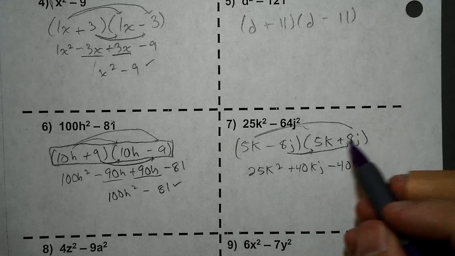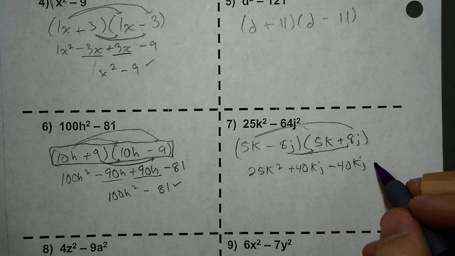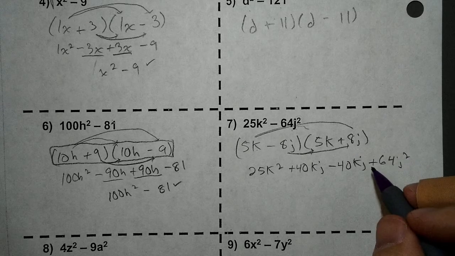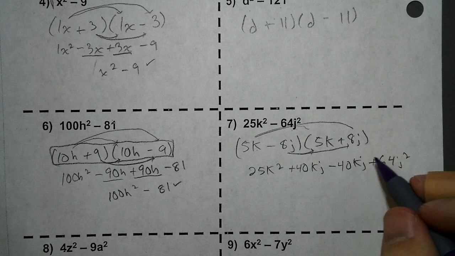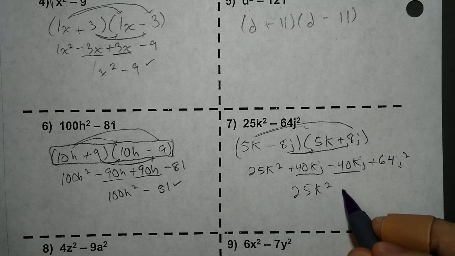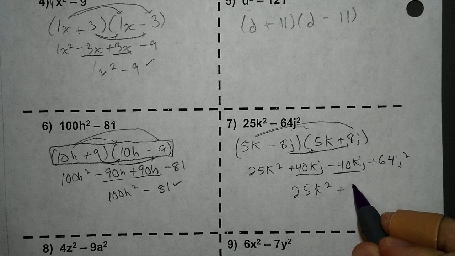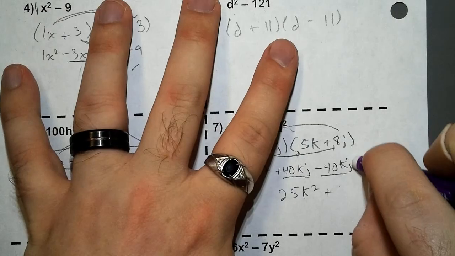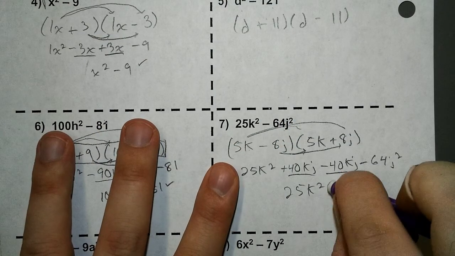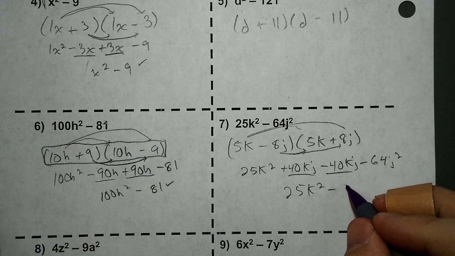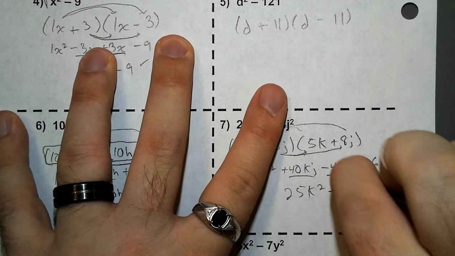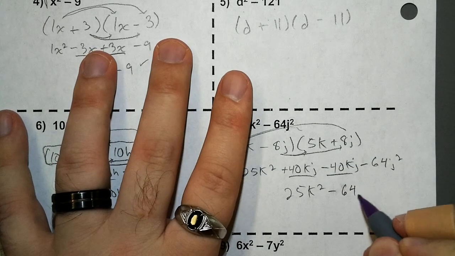Negative 8 times positive 8j is going to be 64, and there's two j's there, so it's j squared. Negative 40 plus 40, same letters, those are going to cancel, and we're just going to get 25k squared plus, oh sorry, that's a minus. Negative 8 and positive 8 is negative 64. So that's going to be minus 64j squared. Apologies on the mistakes here.